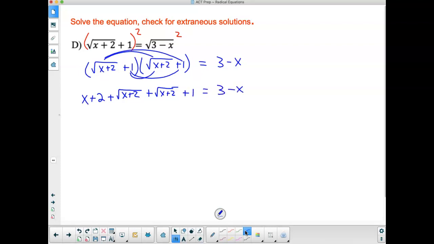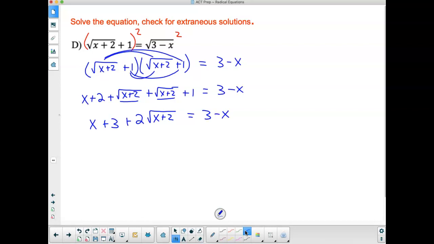So I can see I still have some square roots together. Well, if I put stuff together, I get x plus 3 plus, now I have 2 of those square roots of x plus 2 to equal 3 minus x.